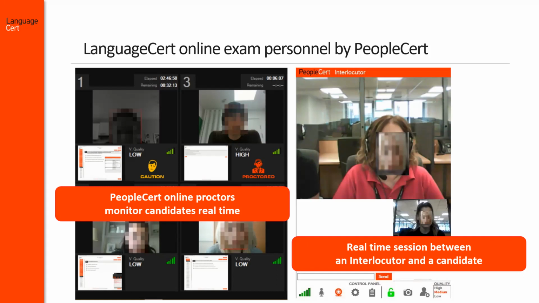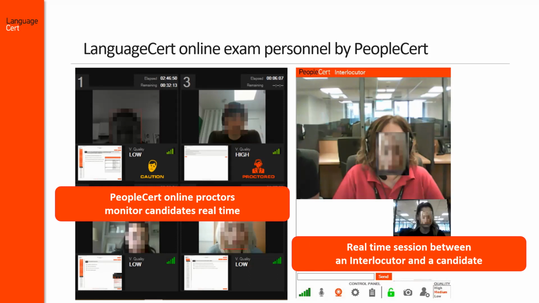Then he or she asks you to show your desk, and there shouldn't be even the smallest pieces of paper or anything.